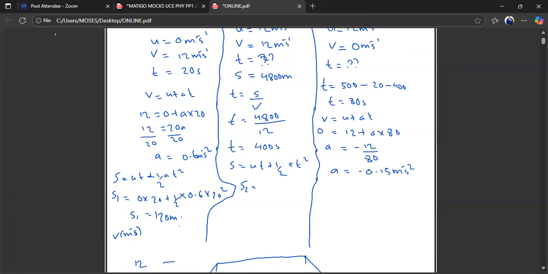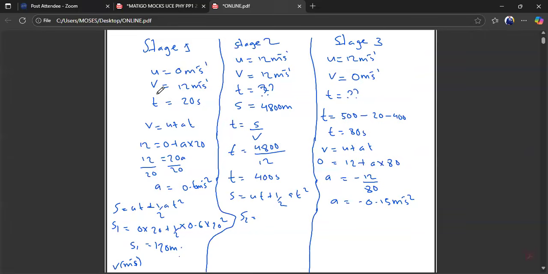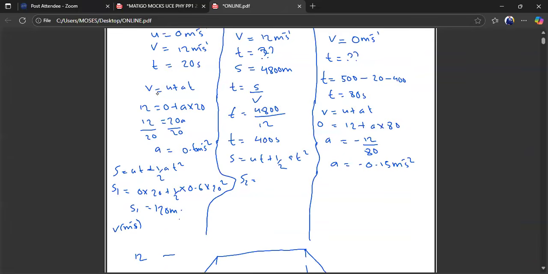If you go back here, our initial velocity is 12 and our final velocity is 12. So initial velocity 12 times time, which we got as 400, and for this case our A is 0, plus 1 over 2 times 0 times 400 squared. My S2 is going to equal 4800 meters. Distance covered in the second stage.